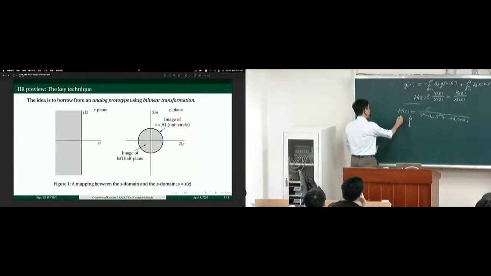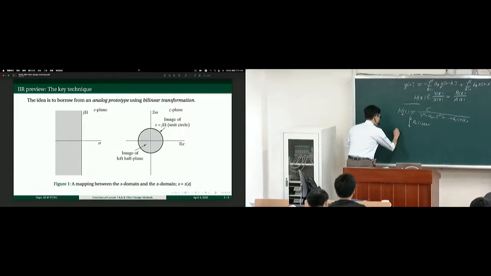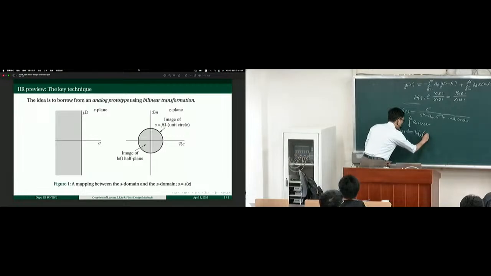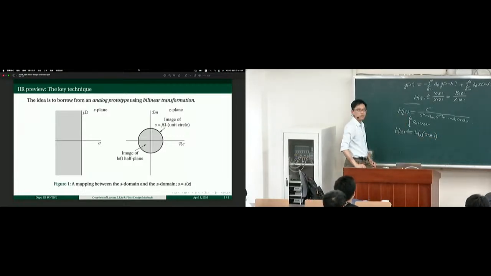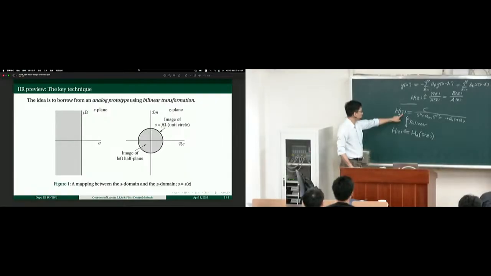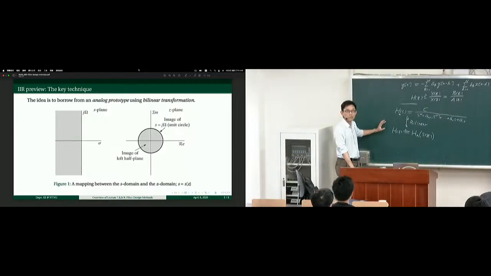From here, if this is analog, we want to perform a bilinear transformation by defining H of Z equals H of the analog system, but now replacing S with a mapping function from Z to S. The resulting function now becomes a function of Z. That's the counterintuitive core technique in designing IIR filters: begin with a nice function in the analog domain, and then turn it into some H of Z.